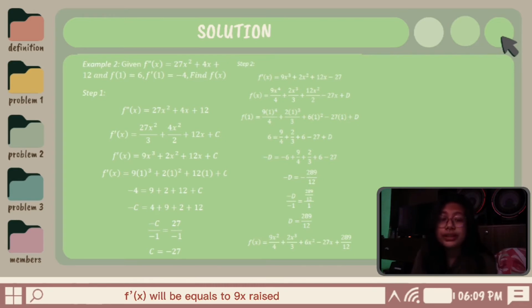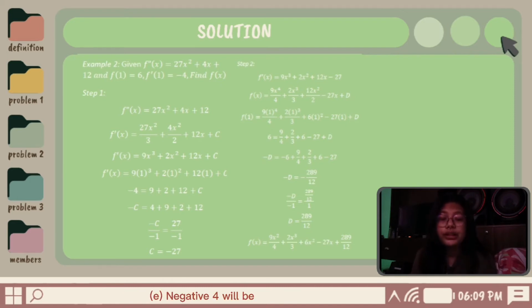Then reduce to lowest terms if possible. F of x will be equal to 9x raised to 3 plus 2x squared plus 12x plus c. Next, f of 1 will be equal to 9 times 1 raised to 3 plus 2 times 1 raised to 2 plus 12 times 1 plus c, since we have to place the value of x, which is 1, into the given function.